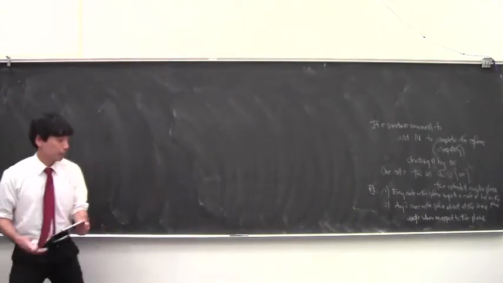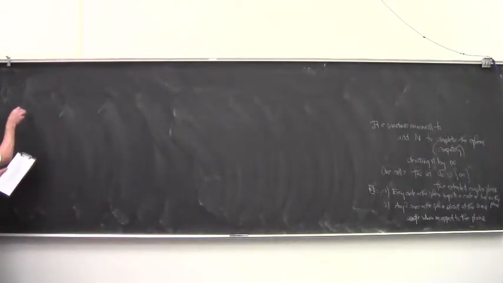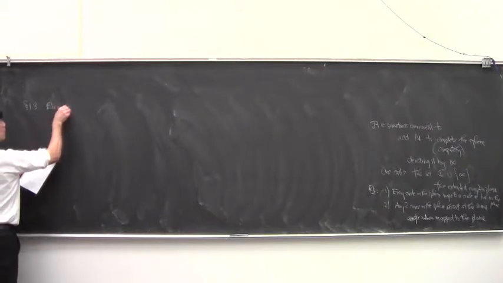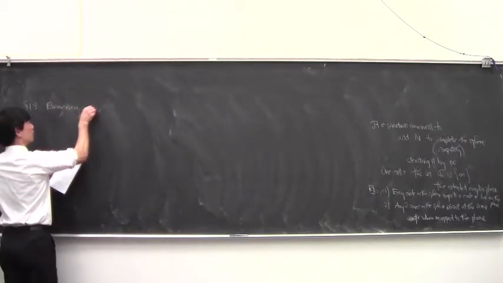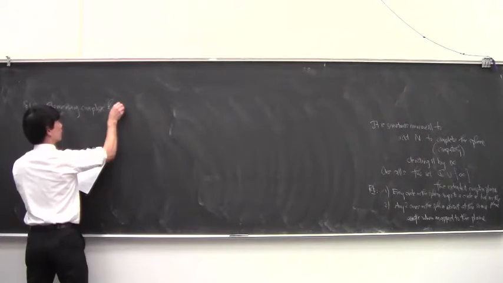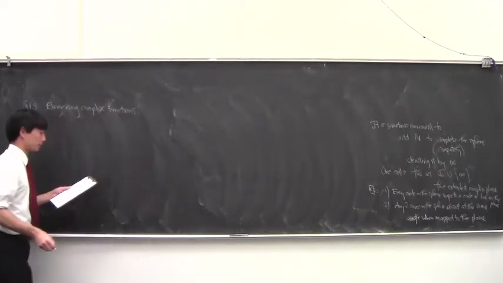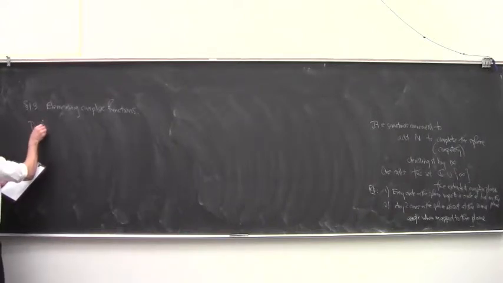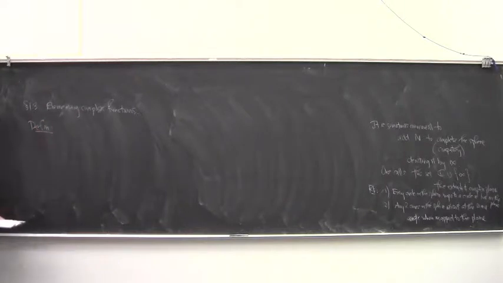Okay, so now let's go on. We're going backwards now to section 1.3, elementary complex functions. We're going to do this in a way that, mathematically, is going to be very unsatisfying. But just bear with it.